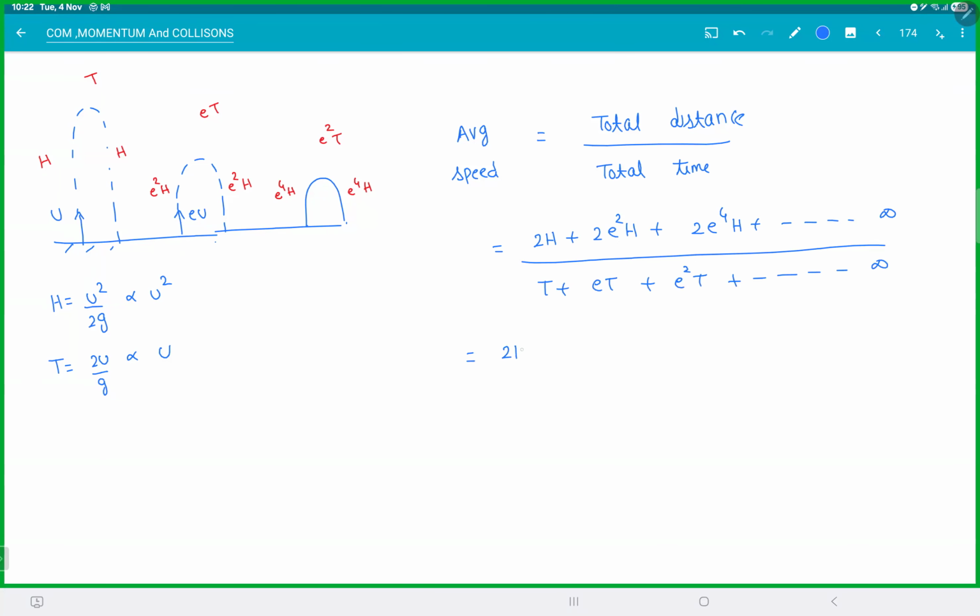Take out 2H common and take out T common. You end up with 1 plus e square plus e power 4, so on till infinity, by 1 plus e plus e square, so on till infinity.